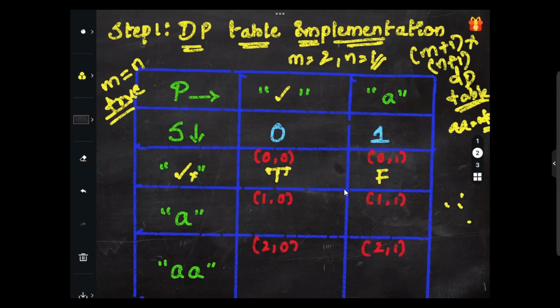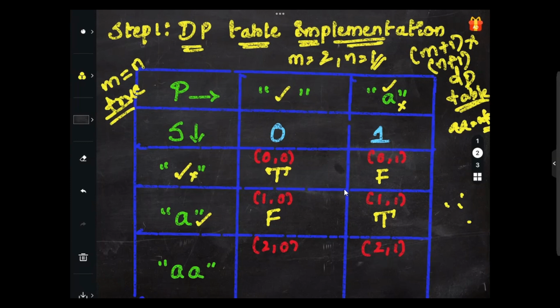And a doesn't match the empty string, so this is false as well. For 1 comma 1, dp of 1 comma 1 is true because a matches a here.